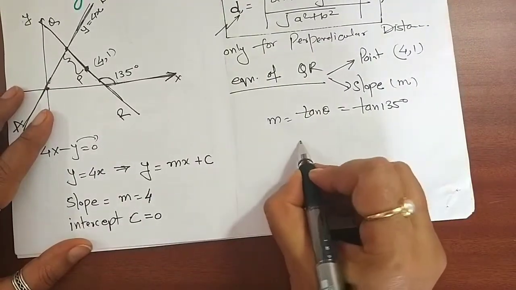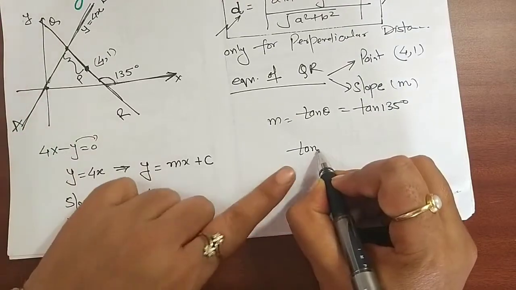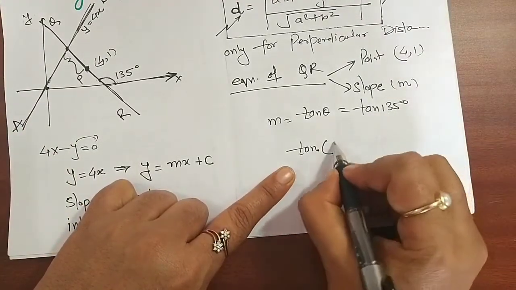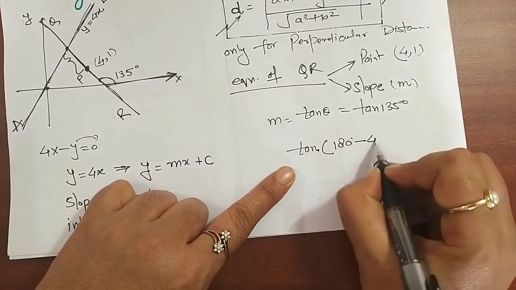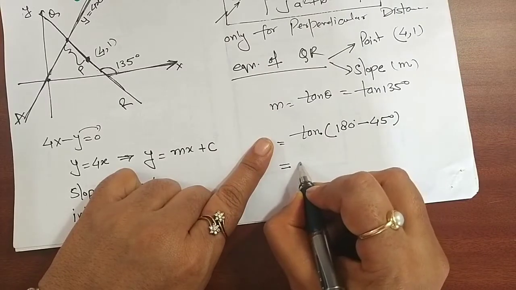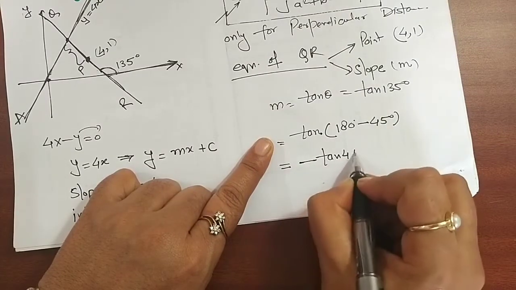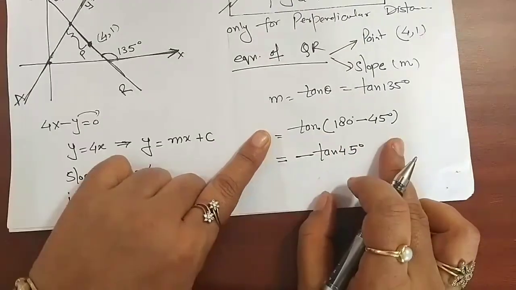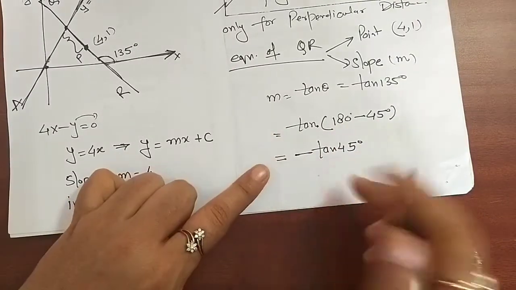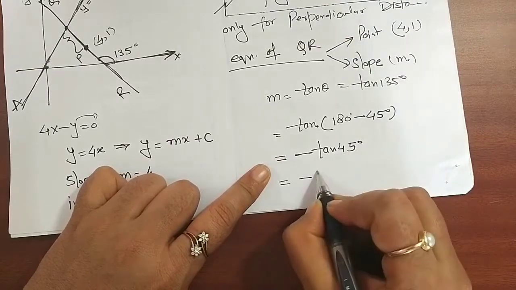From our trigonometric knowledge, tan 135 can be written as tan(180 minus 45), which is nothing but minus tan 45. You should know from trigonometry that tan(180 minus theta) is minus tan theta. And tan 45 is 1.